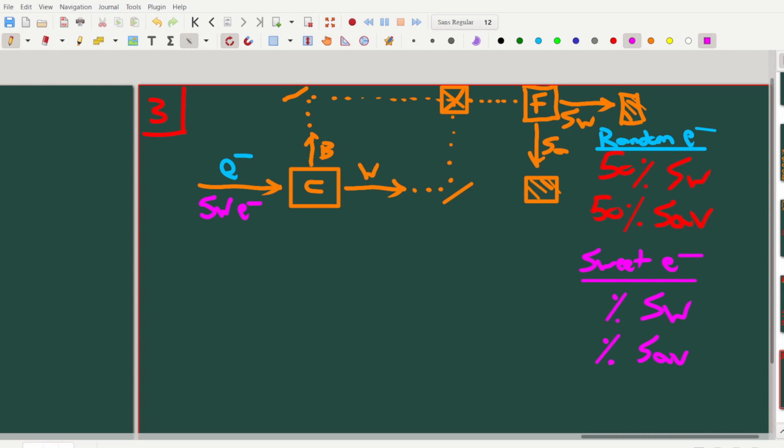Think about it for a second, and just yell it out if you have an idea. Remember, the electron is initially sweet. And then we're basically doing nothing to it and then measuring the flavor. That's what this experiment is. So what do you think the answer is going to be at the detector?